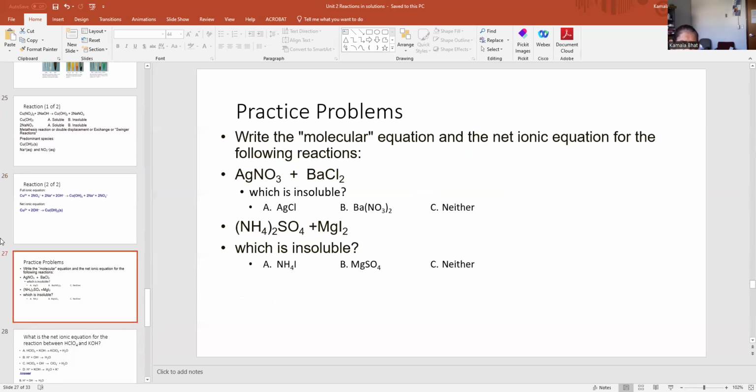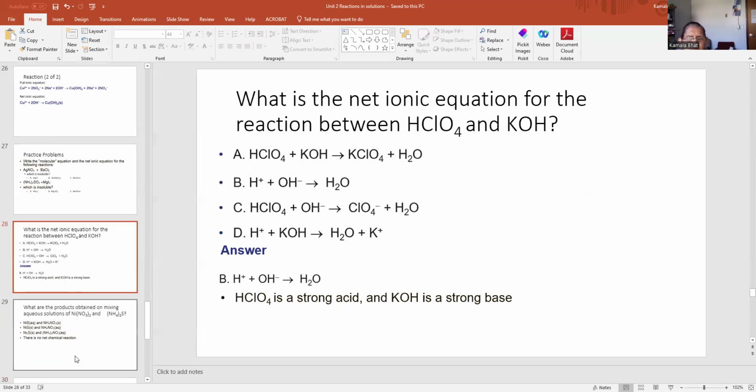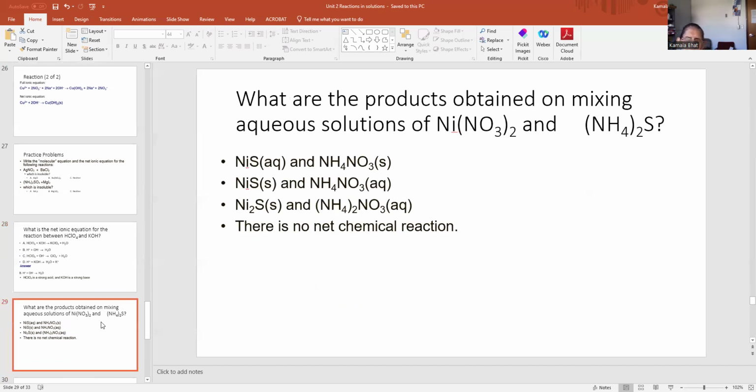And here are some examples for practice. Again, check out the answer. In this case, HClO4 is an acid, KOH is a base. When an acid and base react together, water is formed, and so the answer is designated as B. What happens when you combine nickel nitrate and ammonium sulfide?